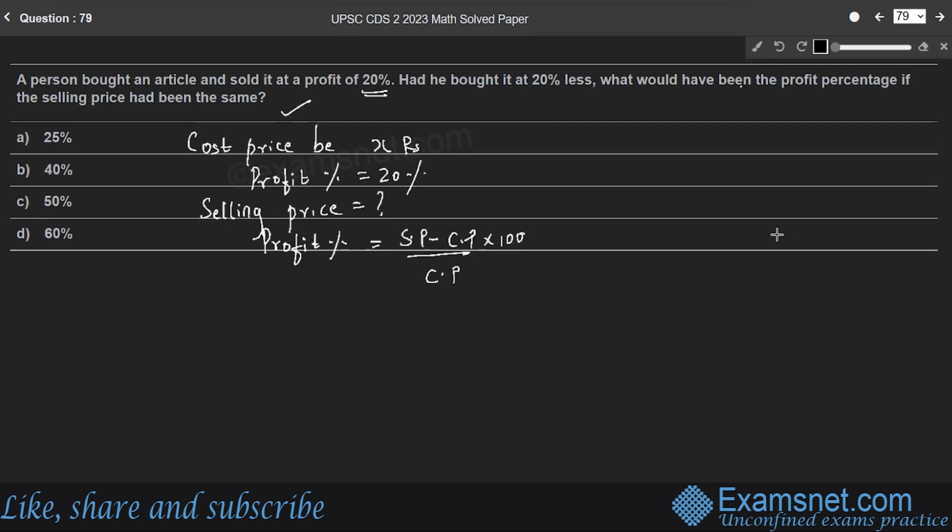Here the profit percentage is 20, equal to the selling price we need to find minus the cost price X rupees, over the cost price, into 100. Therefore, 20x by 100 plus x gives the selling price here.